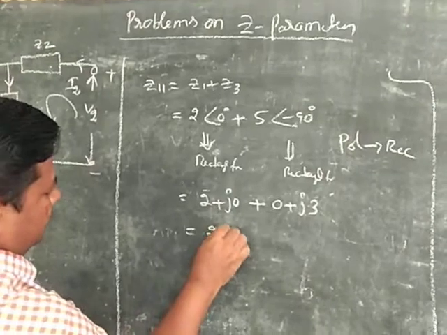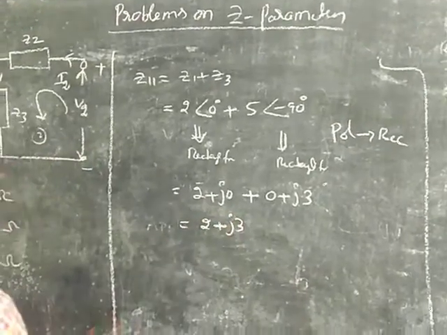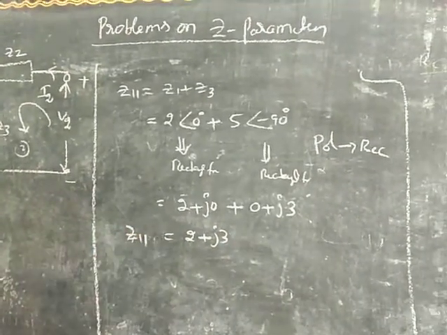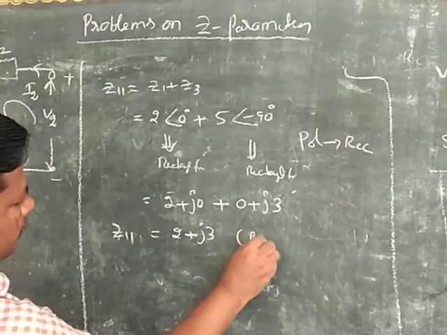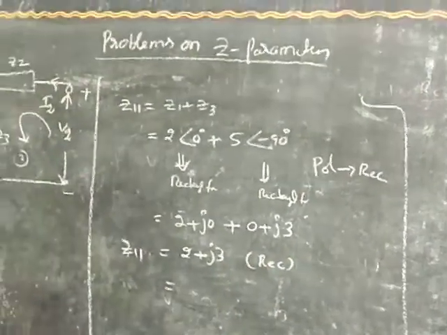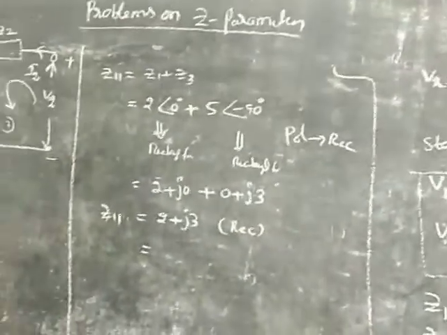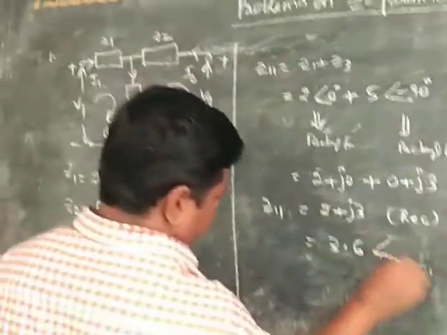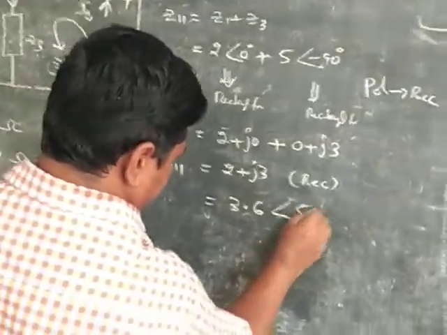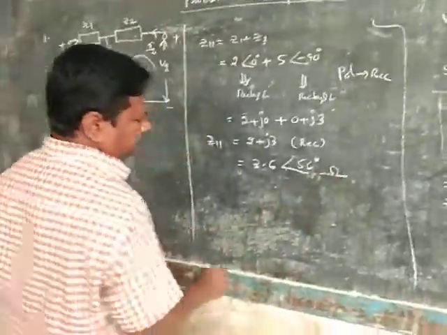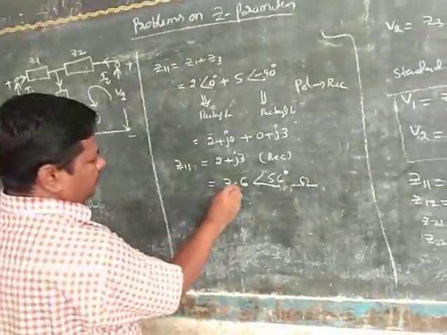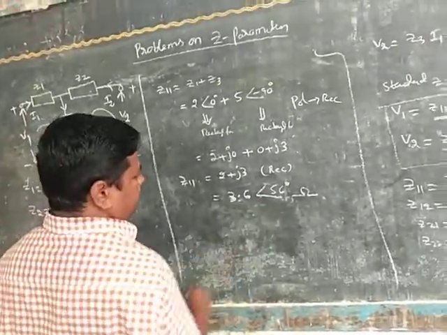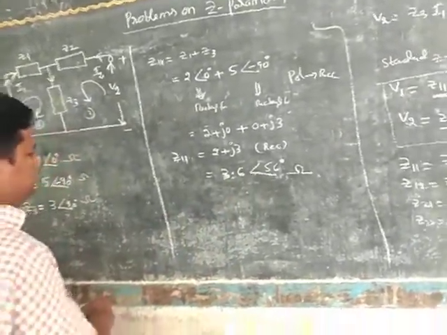Finally the expression is 2 plus J3 for Z11. This is the rectangular form. Again it will be converted into polar. Z11 is equal to 3.6 at an angle of 56 degrees.